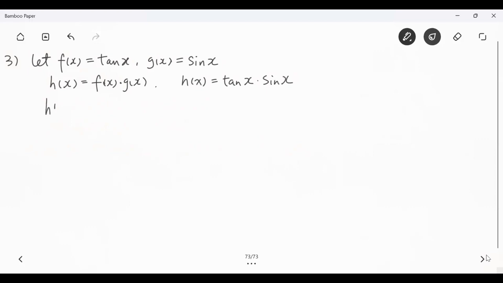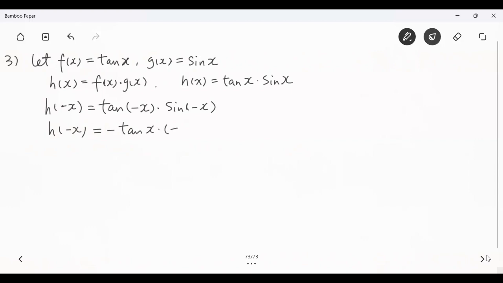And we check the h negative x. That means substitute the x with negative x. So the right side is 10 negative x times sine negative x. Right? Then next, simplify. We know the 10x is an odd function. So the first one becomes negative 10x. The second one is also an odd function.